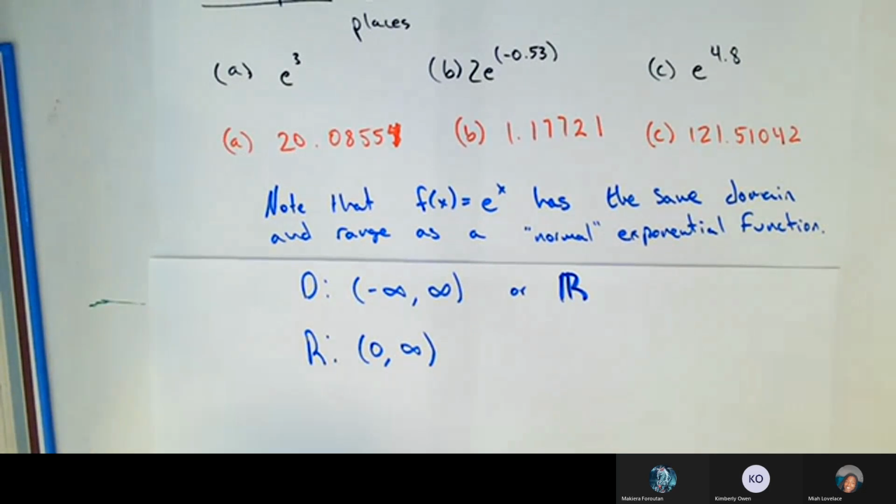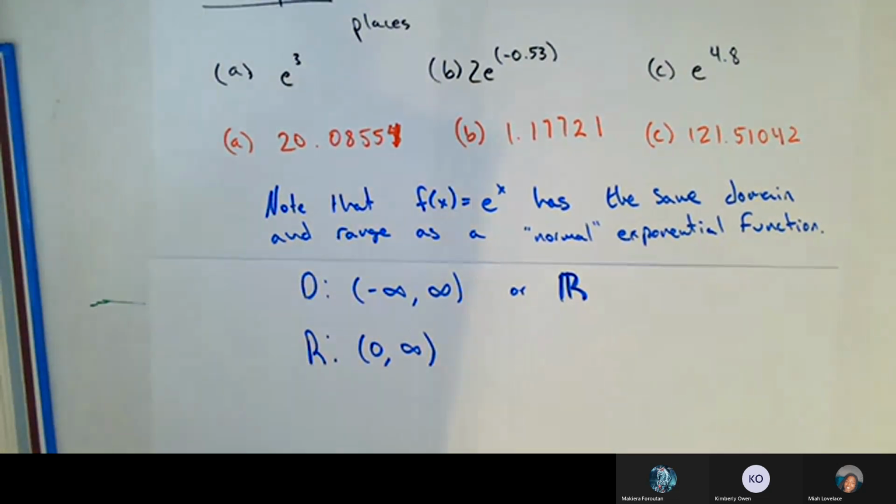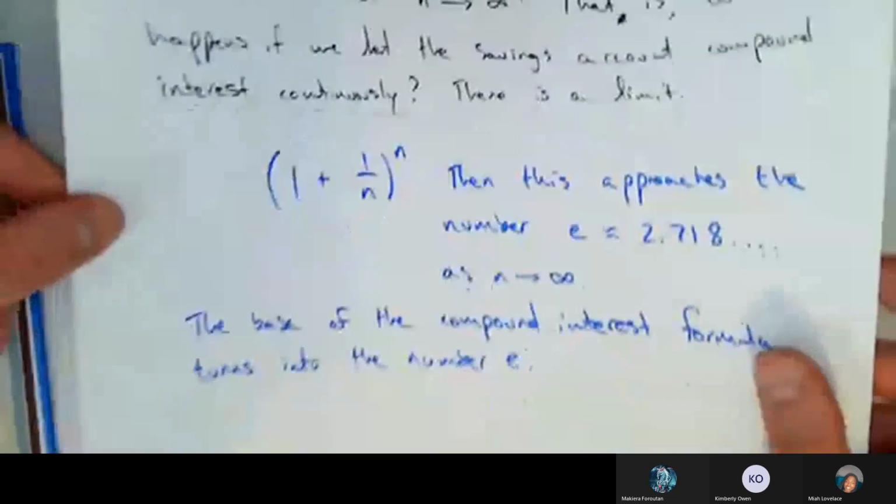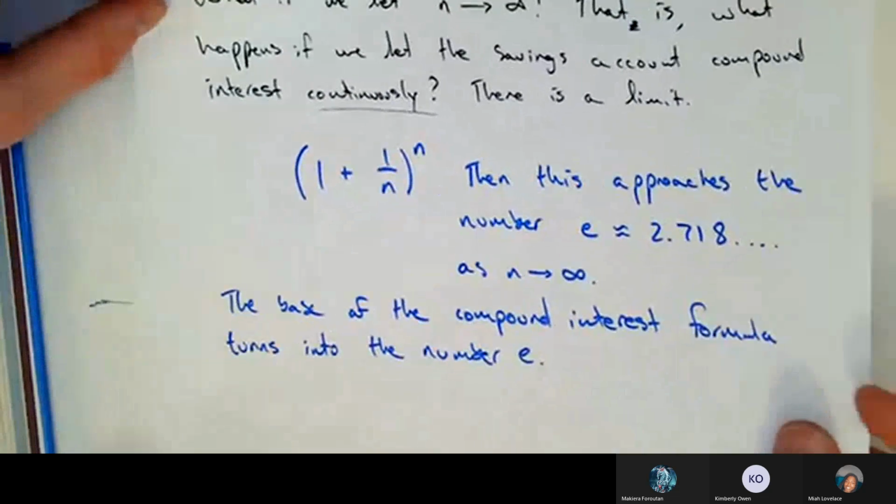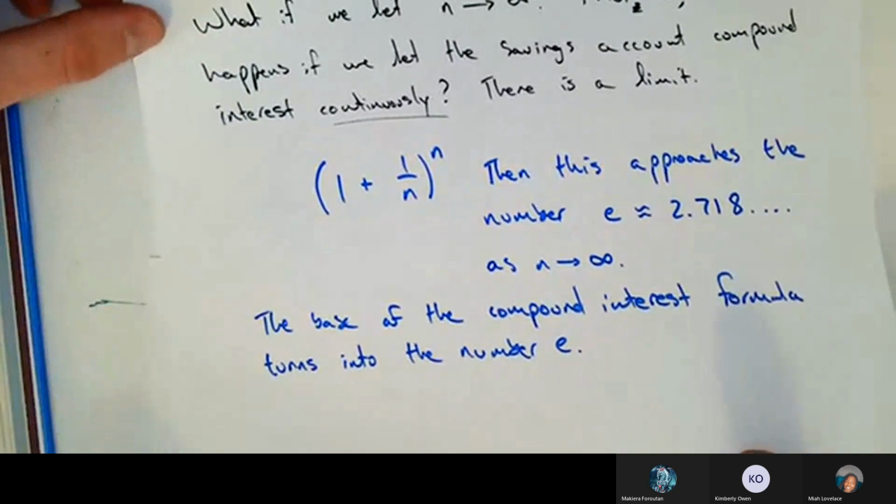So again, this is not why e is special, because it's the same as the other ones. E is particularly special because of that limiting definition that I wrote down for you earlier, which may not make a whole lot of sense to you right now, and it won't until you take calculus.